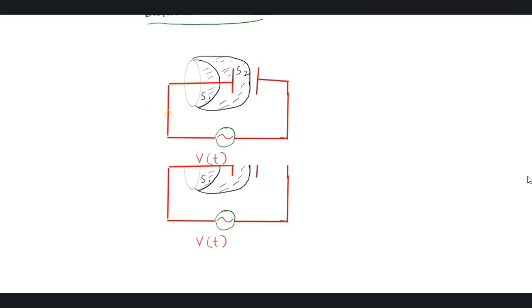Let that current be I(t), because again it will be a function of time. With time it will vary.